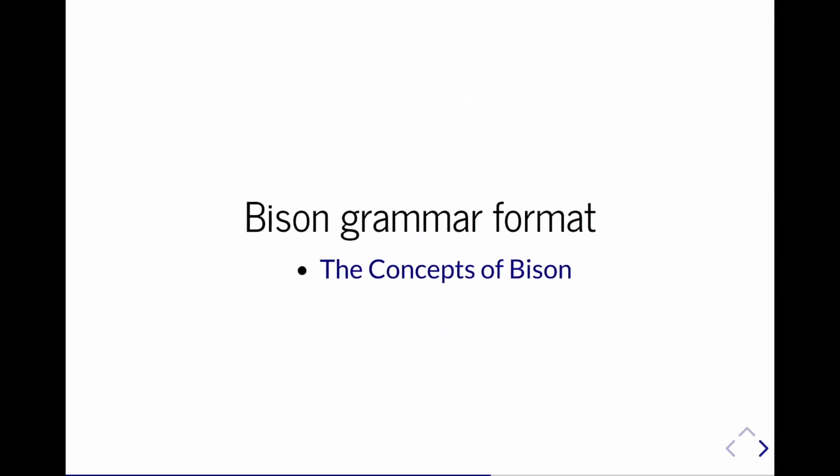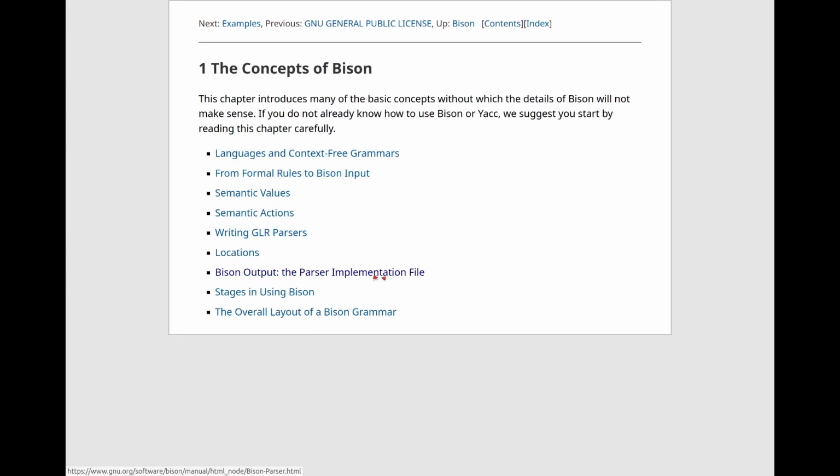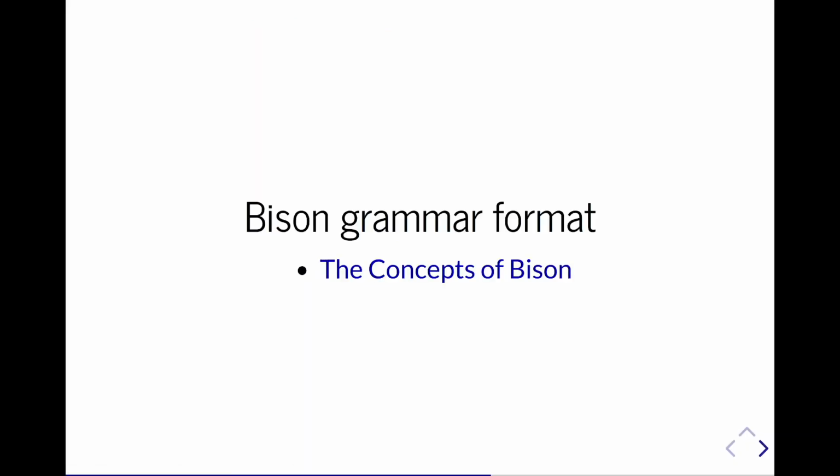So let me go over what this grammar format file looks like. So this is documented. If you are interested in reading more about this parser generator, you can also use it to write interpreters. You can use it to do any kind of language processing, configuration files. But let me quickly go over how this file is organized.